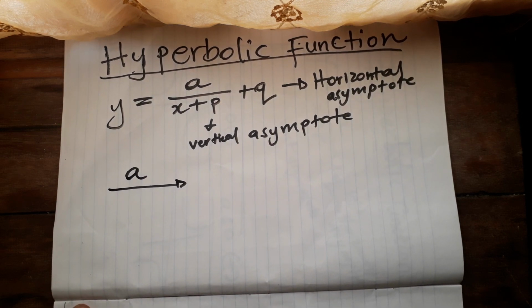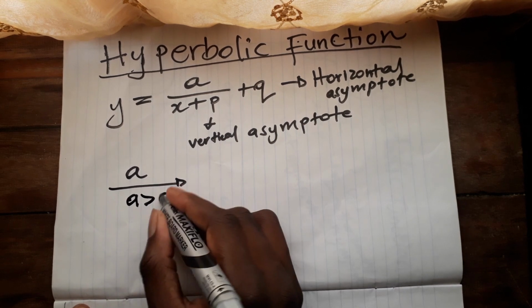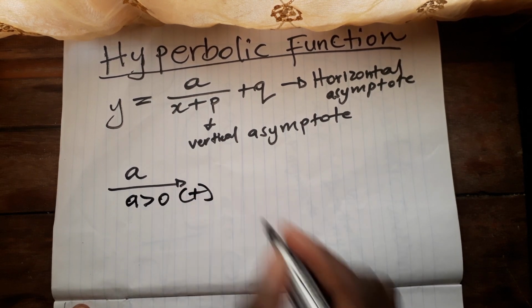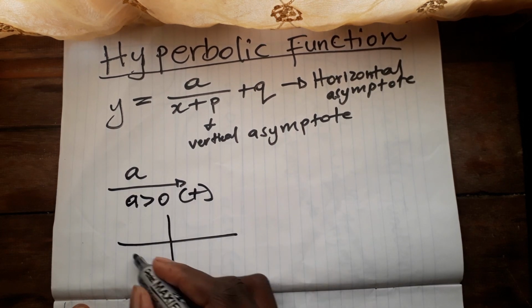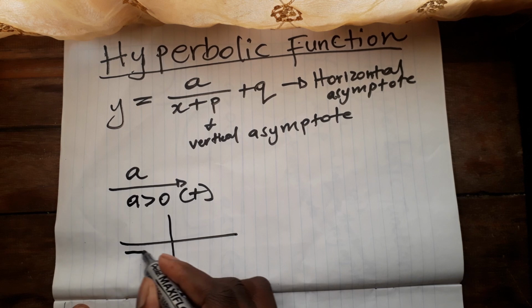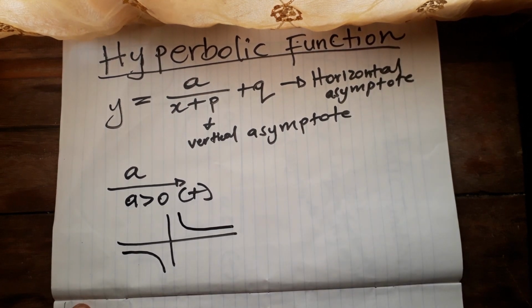For example, when the value of a is greater than 0, which means that a is positive, your graph is going to be on the first and the third quadrant, just like this.